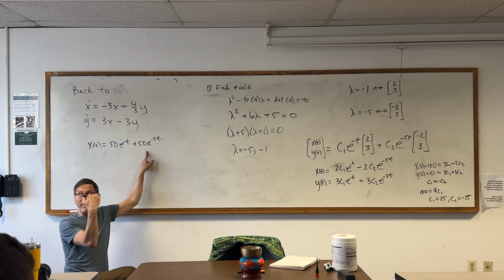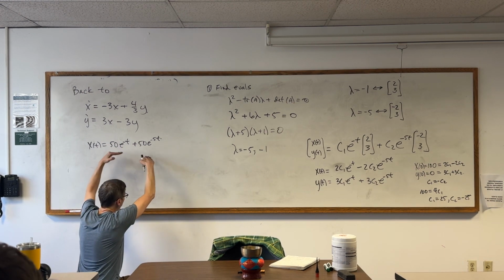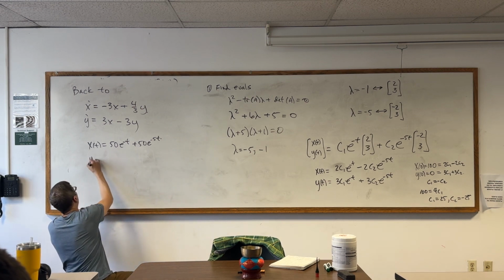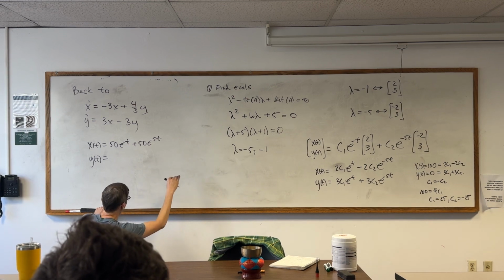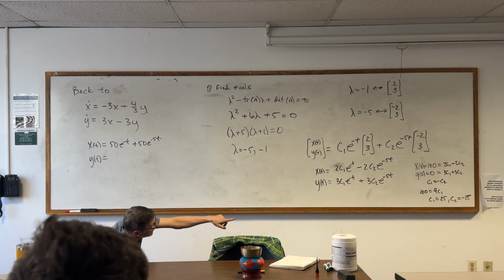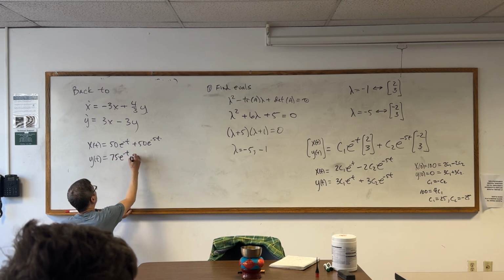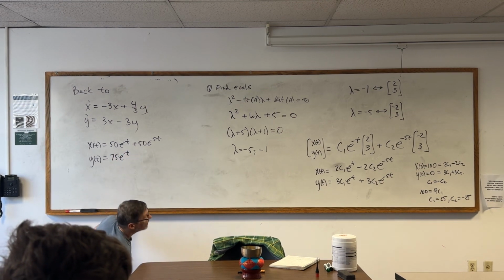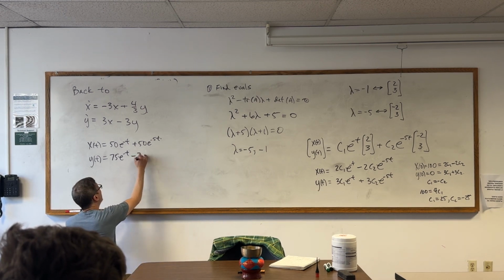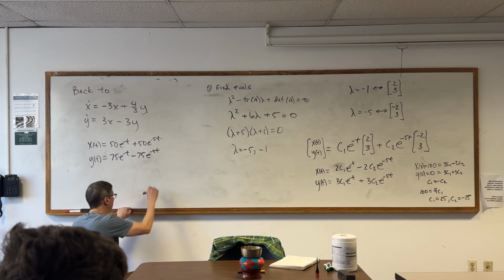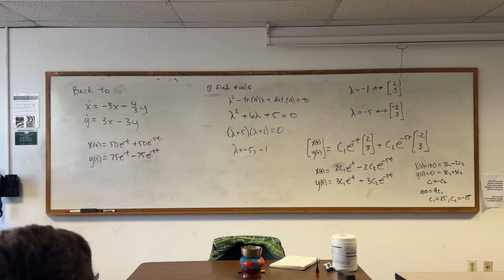And as time moves positive, these e's are gonna shrink to 0, so you'll see that concentration drop. Meanwhile, the y concentration should rise and then drop. So we're gonna have 75 e to the negative t, minus 75 e to the negative 5t. I'm gonna get the computer up so we can just take a look at this and call it a day.